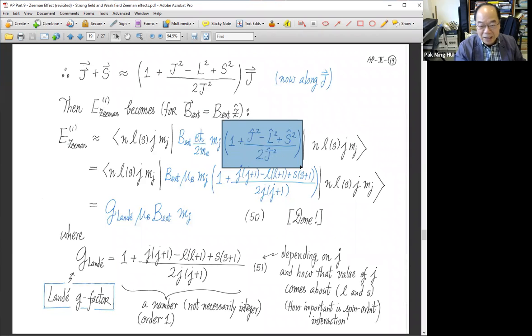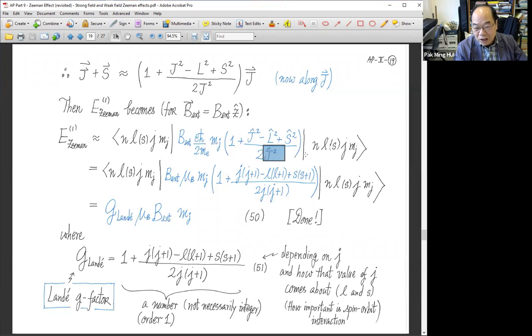We replace all the things by the operator. Then every one of these can find its target. J square will look for J, quantum number. L square looks for L, L plus 1. S square looks for the half, S, S plus 1.